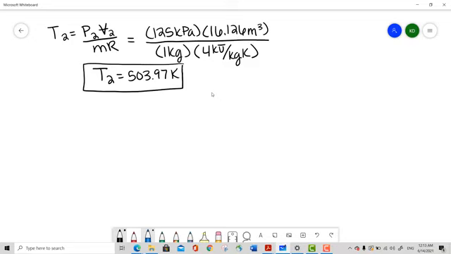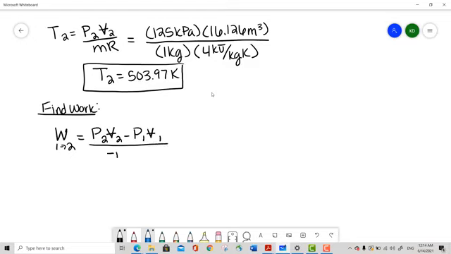And then the second thing that it asked for was find work. We can do it on the bottom of this page. It's pretty short because now we've pretty much solved for everything. So work 1 to 2 equals P2 V2 minus P1 V1 over negative n plus 1.